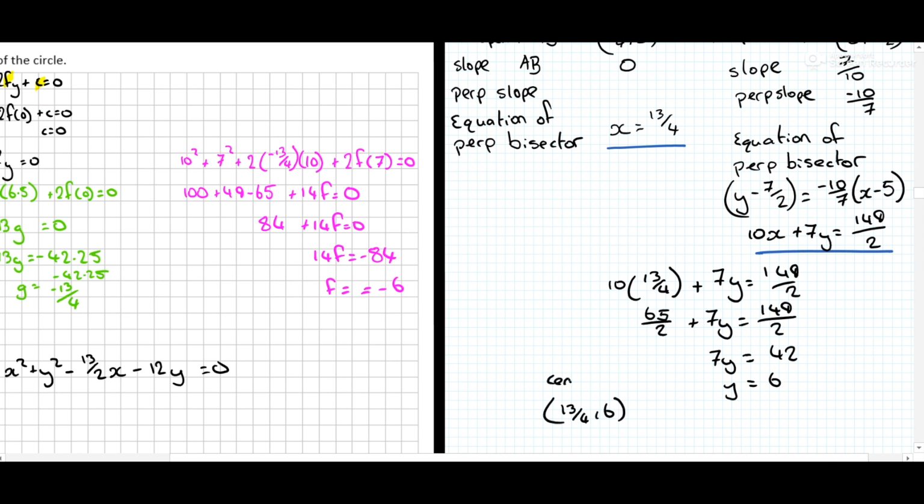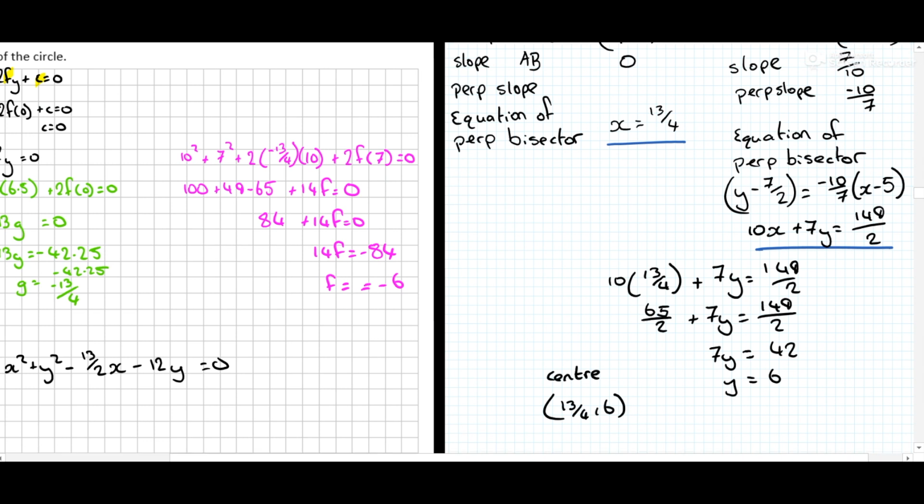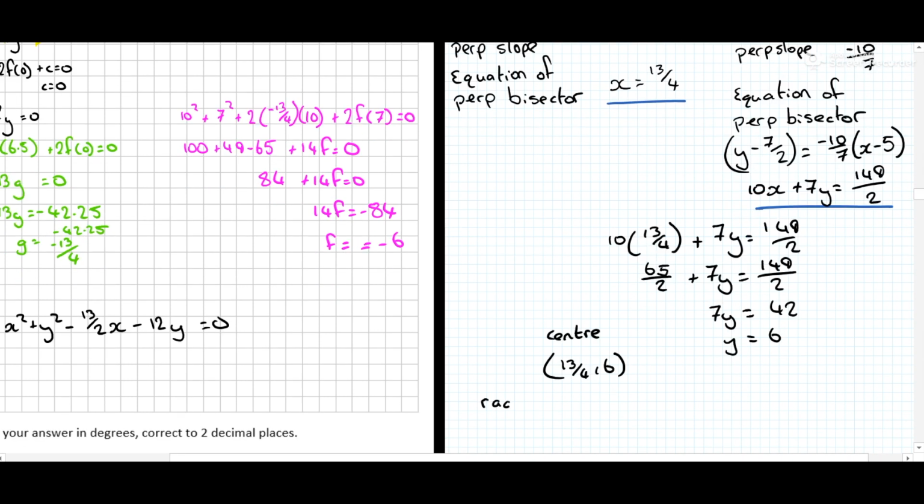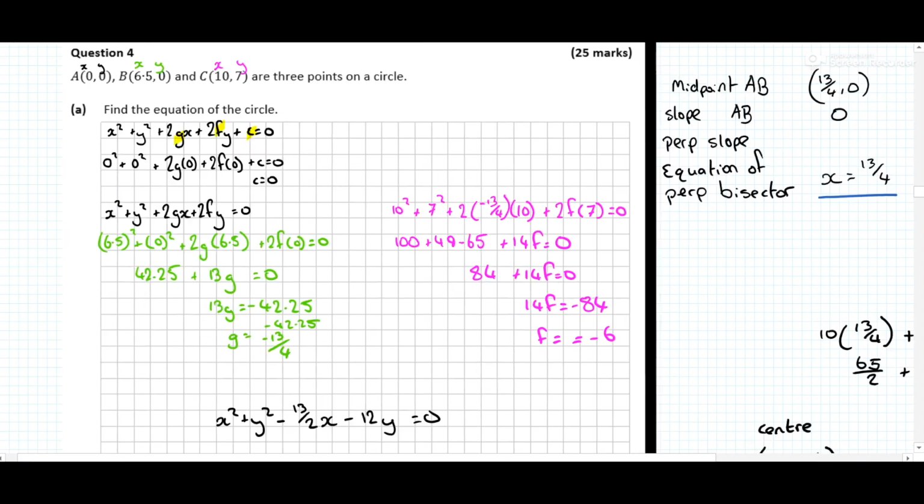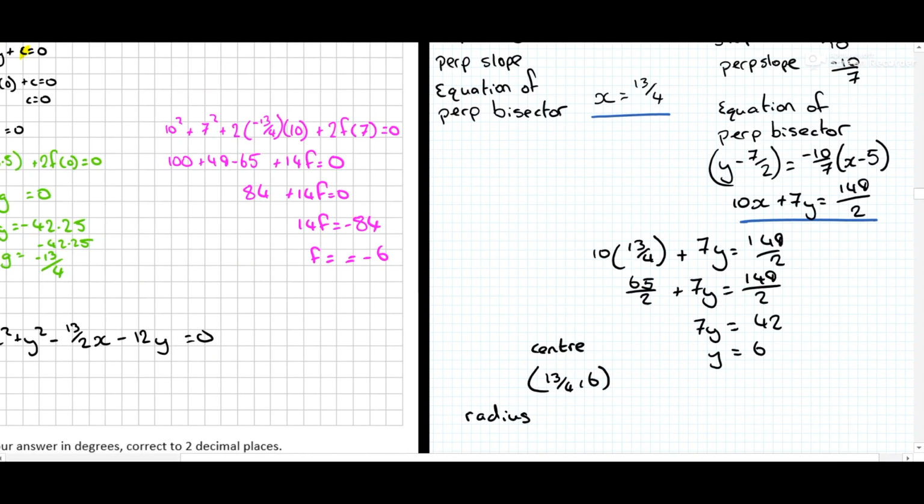To find the equation of a circle, we need the centre and the radius. So how do you find the radius? It's going to be the distance between the centre and any one of those 3 points. I'm going to choose 0, 0. So I'll go x1, y1, 0, 0, which was A, x2, y2.